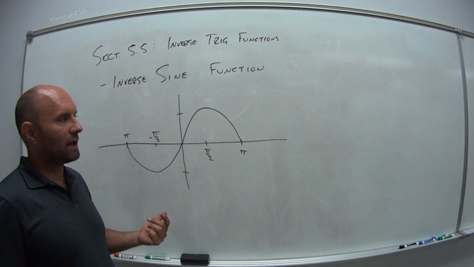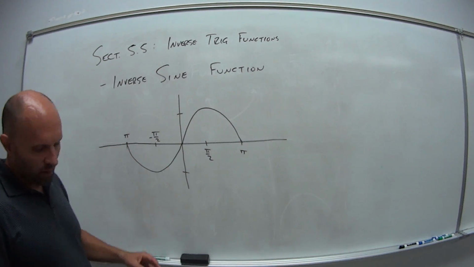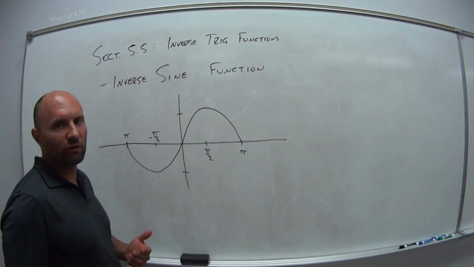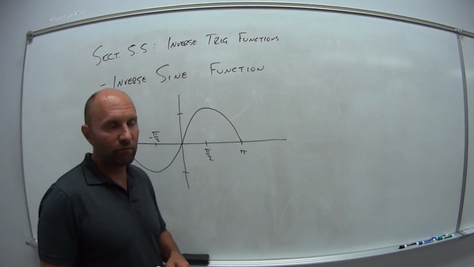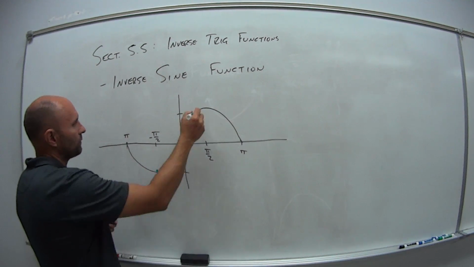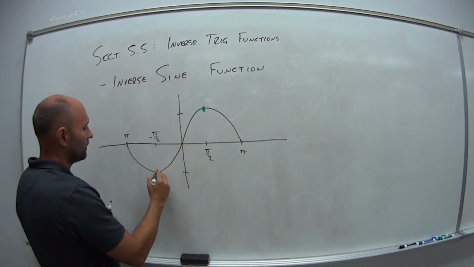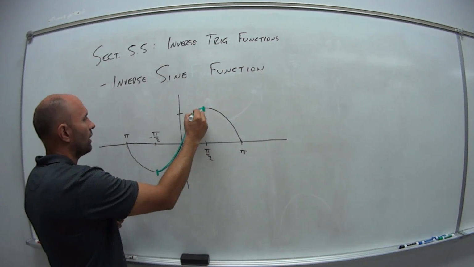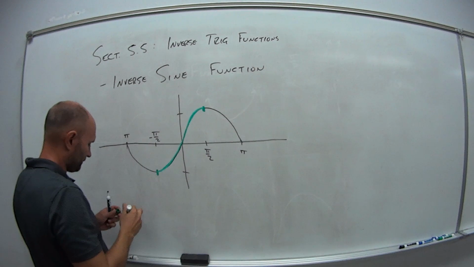It looks kind of upside down from our normal sine function. But the reason I draw it as such is because of what we're going to be focusing on for the inverse sine function. Specifically, we are only looking at the part of the sine curve that goes from negative pi over 2 up to pi over 2.